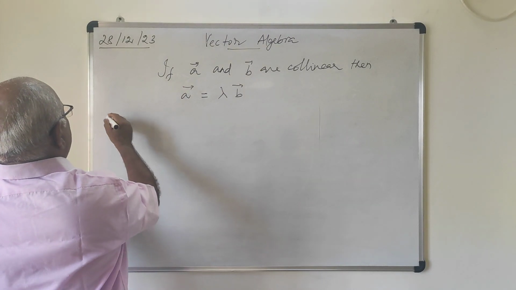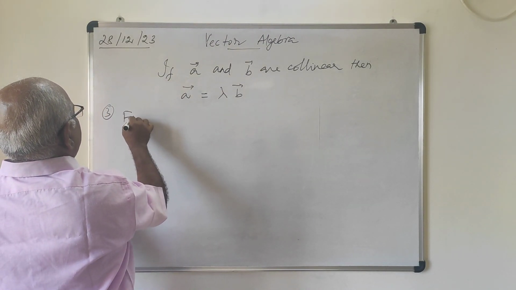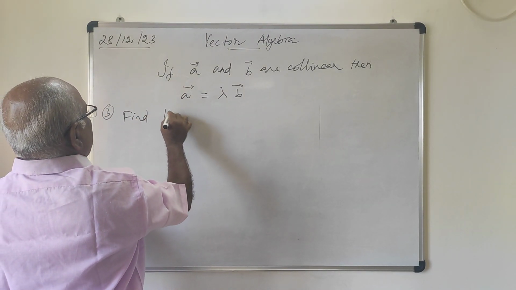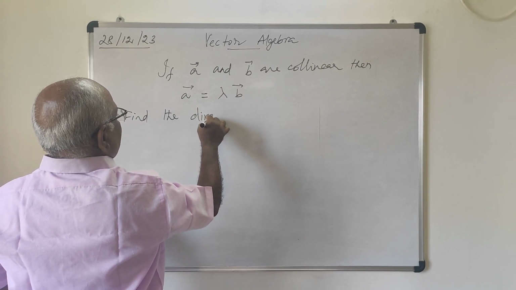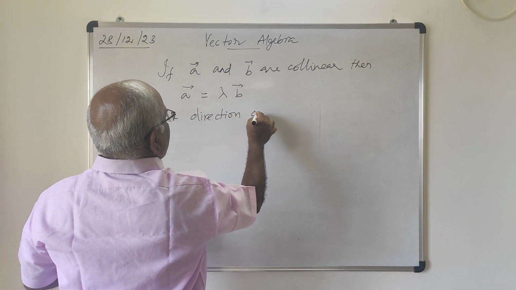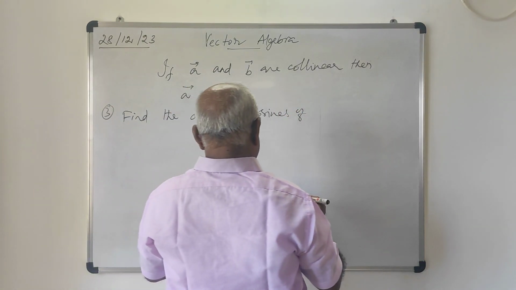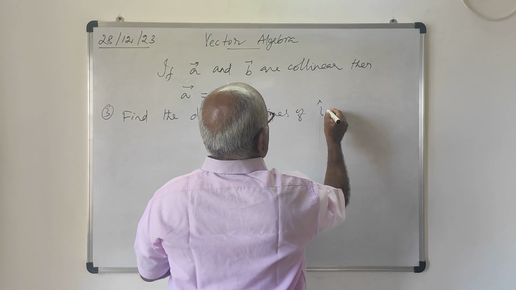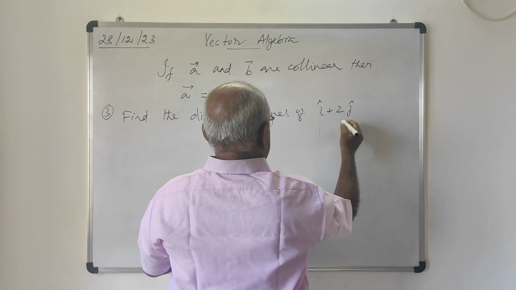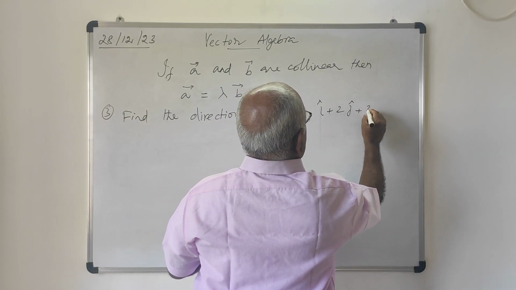Next problem, the third one: find the direction cosines of the vector i plus 2j plus 3k.